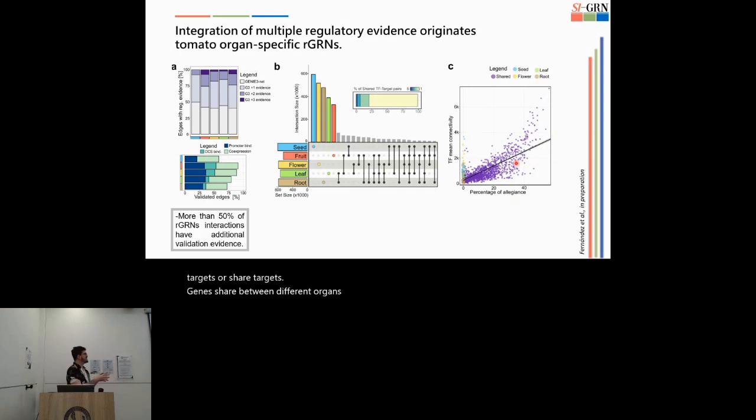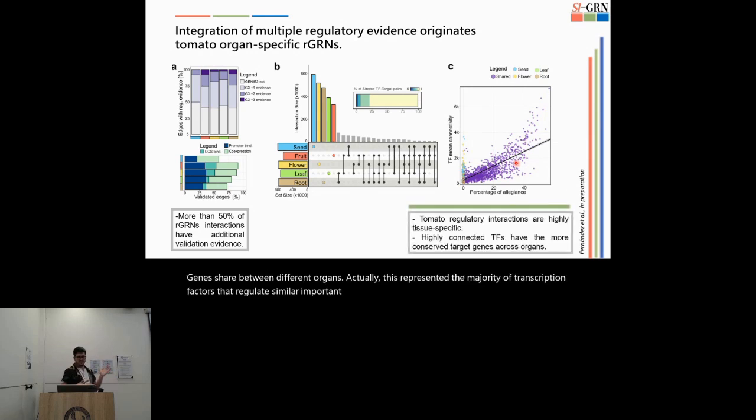Actually, this represents the majority of transcription factors that regulate cellular important functions. As a conclusion of these plots, I have to remind you that tomato regulatory interactions are highly tissue-specific, and we find that highly connected transcription factors have the more conserved target genes across all organs.